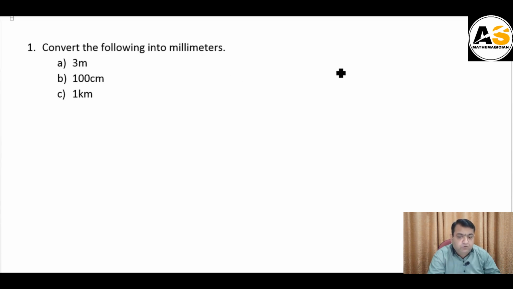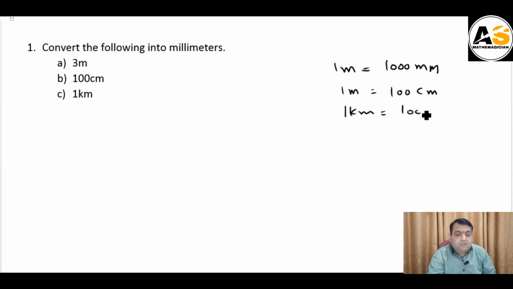So we just need to keep in mind 1 meter is equal to 1000 millimeters, 1 meter is equal to 100 centimeters and 1 kilometer is equal to 1000 meters. These are basic things which we need to keep in mind.